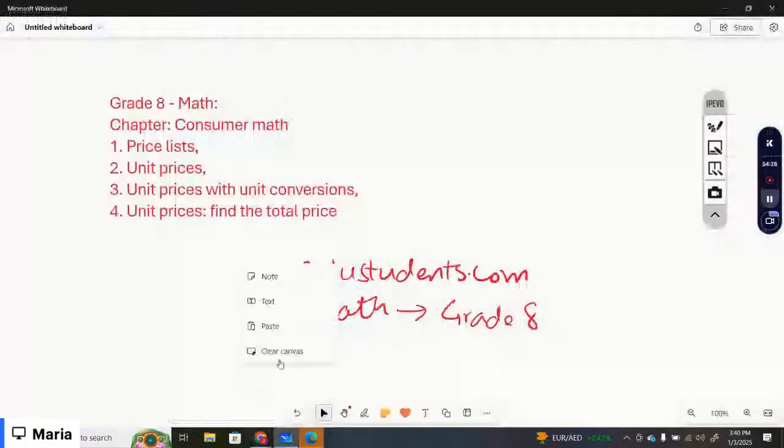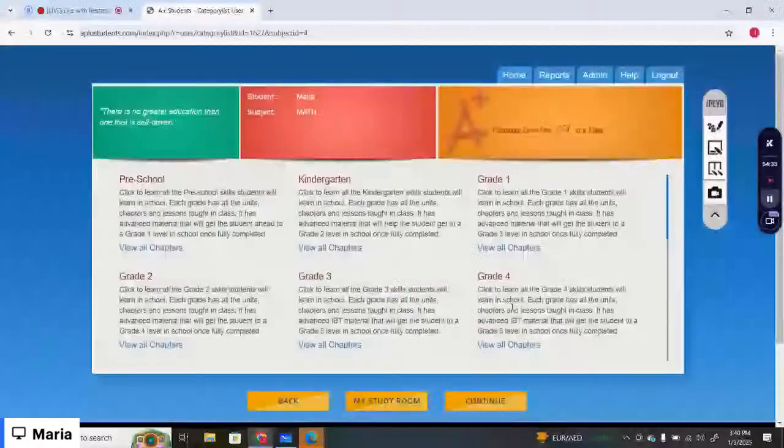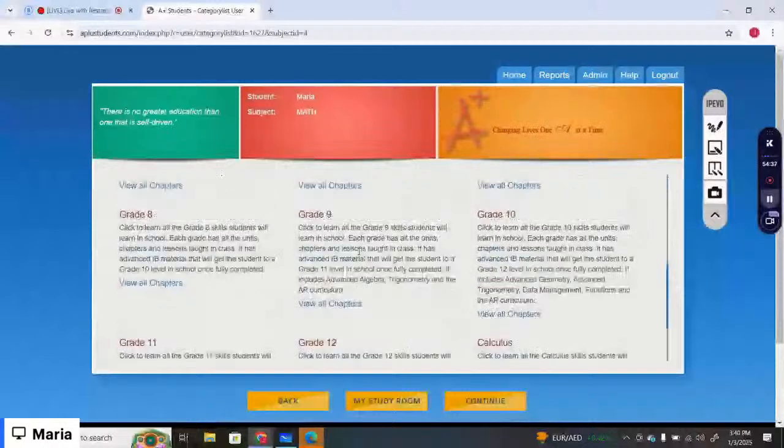If you need more help with any of the lessons, you can simply click on the live chat button. Tutors are available there to help you. Or you can write down the questions in the chat box.